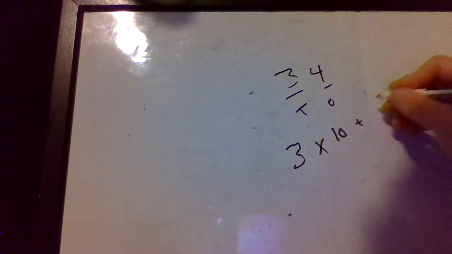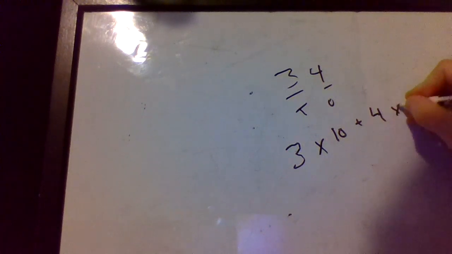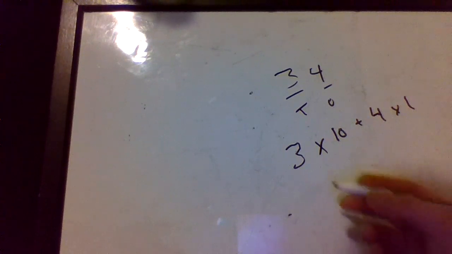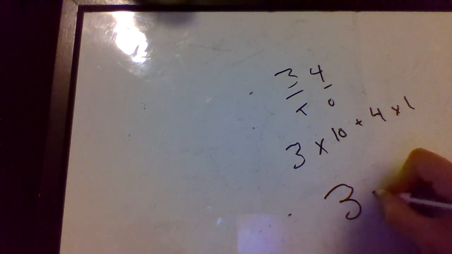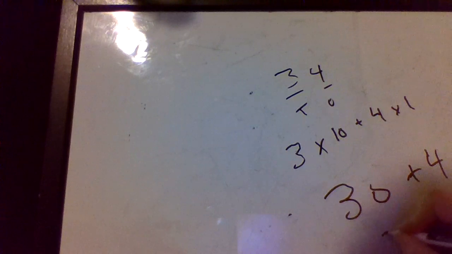Right, 4. 4 groups of 1. So if we have 3 groups of 10, that gives us 30. And if we have 4 groups of 1, that gives us 4. So if we add those together, like I said earlier, we get 34.